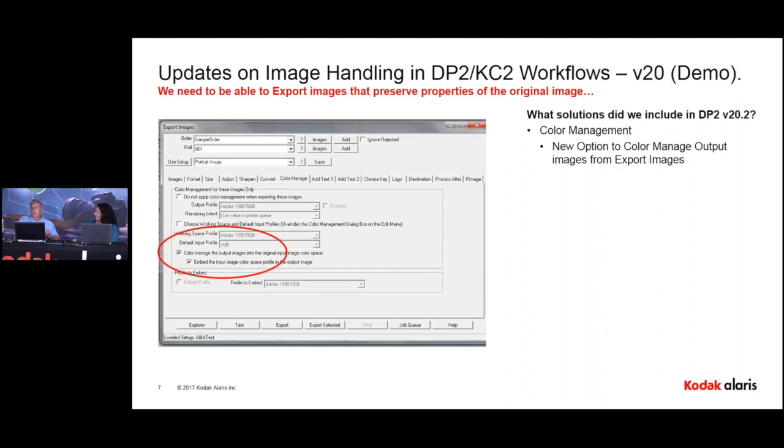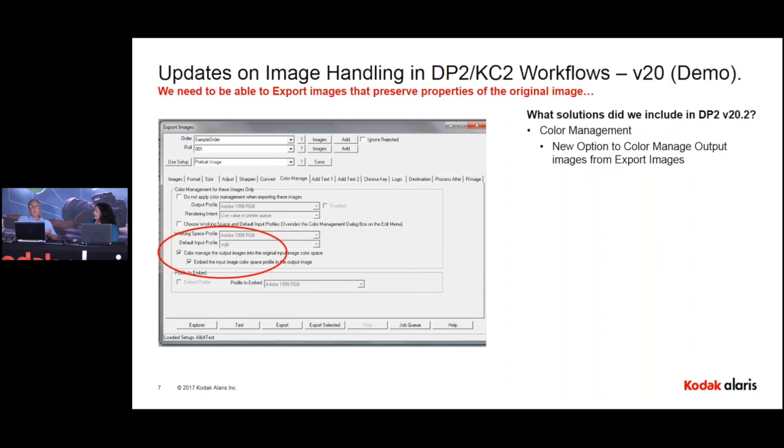Sometimes DP2 could handle those defective JPEG files. Sometimes the errors were so egregious that DP2 would simply fail and sometimes hang. What we've done is to do some more research. We built in some more error checking, and when we find an image that fails to open with our particular set of libraries, we default to using a new set of libraries that actually handle those images pretty well.